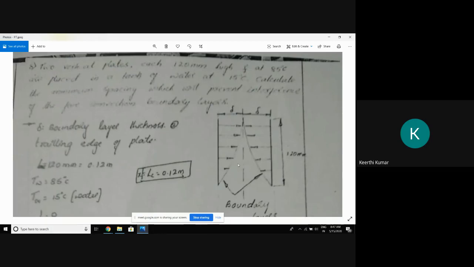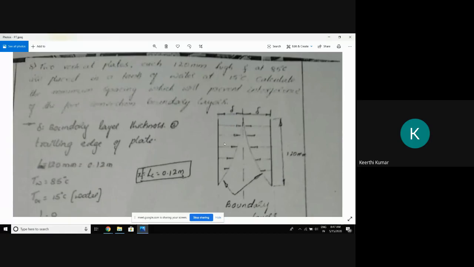It means the velocity of the water which is affecting the plate surface, which is affecting the movement of the fluid, is nothing but this layer. Below this layer, there is an effect on the water. Above this layer, there is no effect. So if this is the boundary layer, and if I take another plate which is having the same dimension, again the boundary layer will be on the other side.